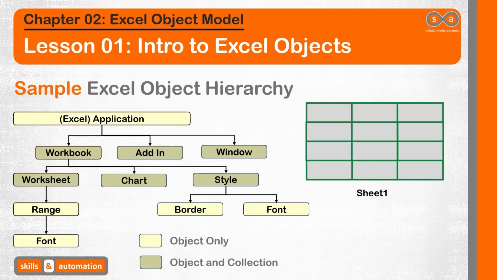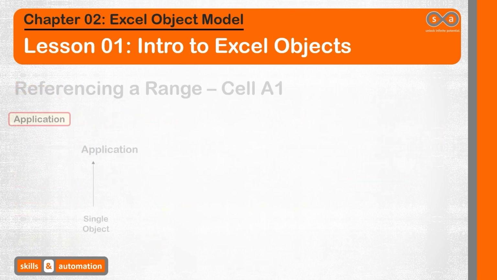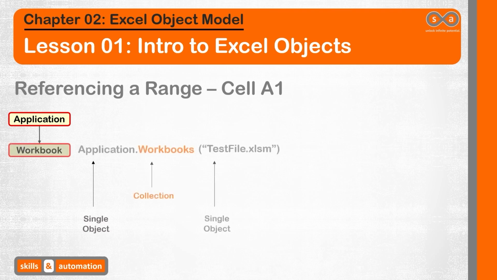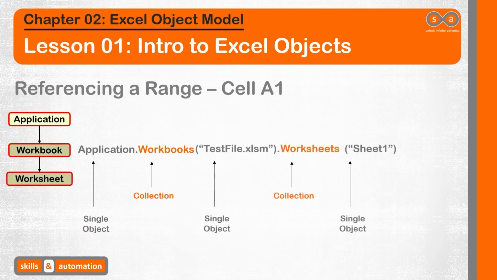There are several hierarchies within Excel. Let's check out the one that we would use to refer to the range object. We start with the top level object, which is the application object representing the Excel application, and move our way down to the range object. So application, workbooks collection, the workbook file name, worksheets collection, the worksheet tab name, range, and the cell address given by the A1 notation.